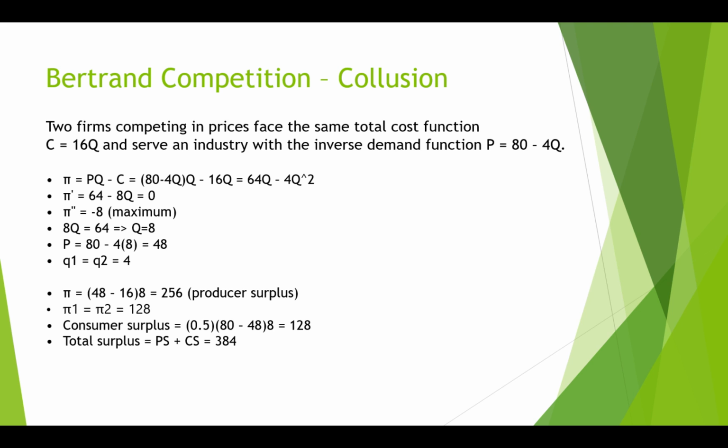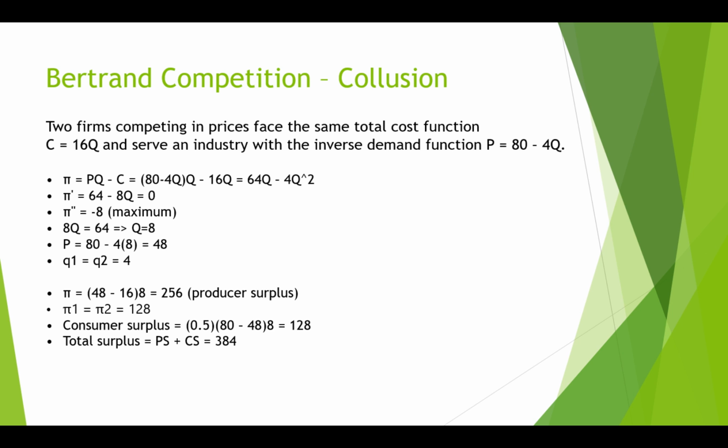So in this case, the total market output equals the monopoly output of 8, and then they split that equally between them, produce 4 each, and the price is equal to the monopoly price. And profits are therefore split between the two. 256 divided by 2 is 128, and the consumer surplus is exactly the same as in the monopoly case.